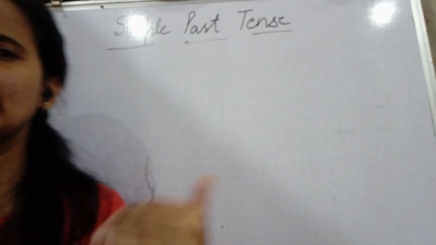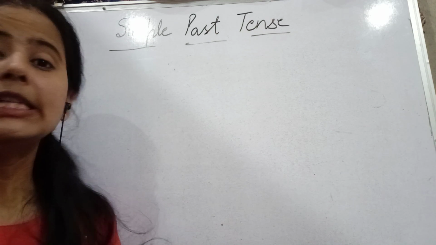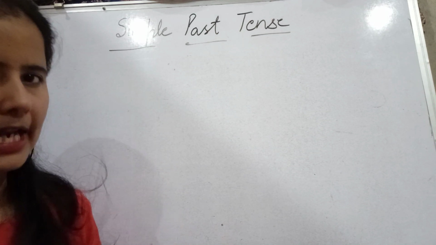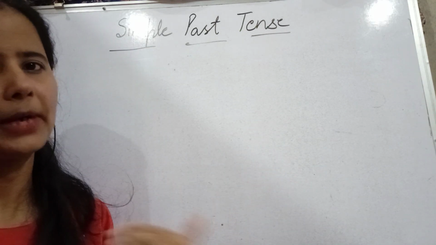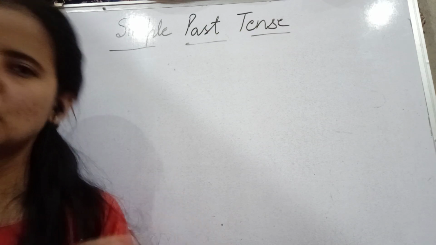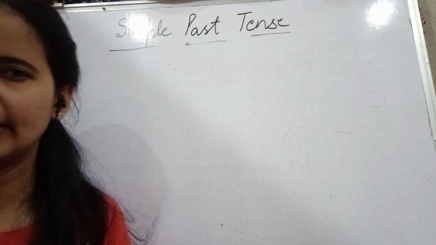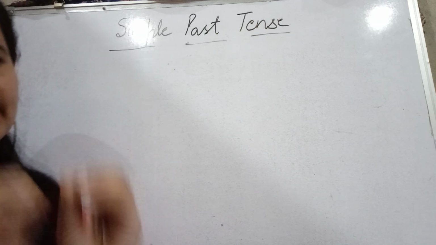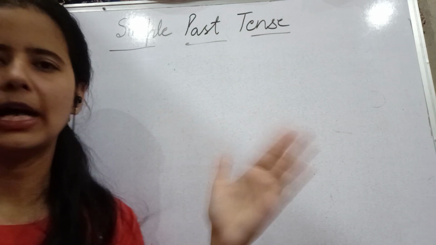First of all, to express a past event or past action which is completely unrelated to the present. The action has taken place in the past, and it does not affect your present at all. That kind of sentence, that kind of action, needs to be formed in simple past tense.